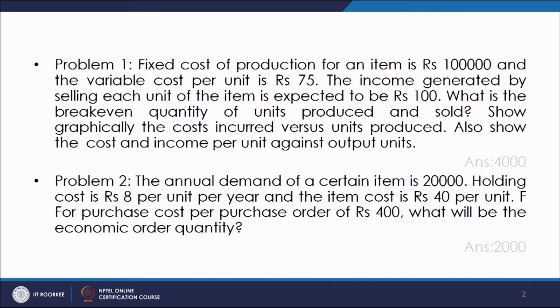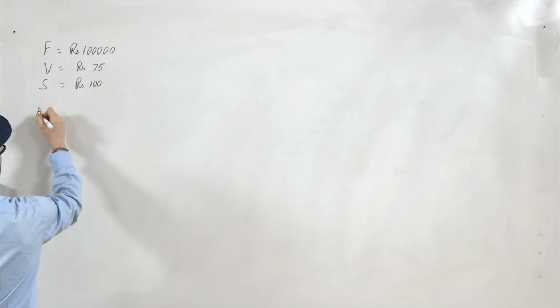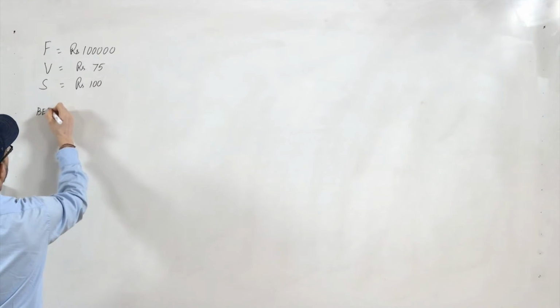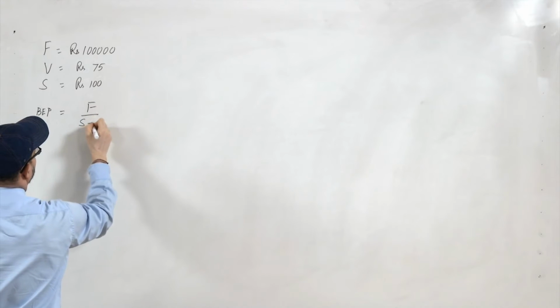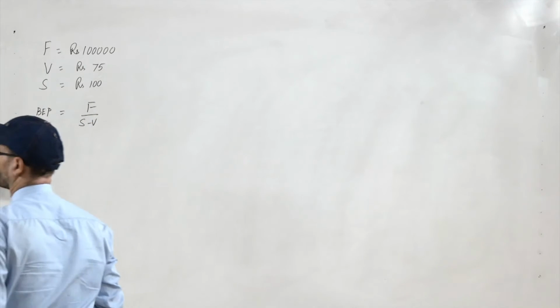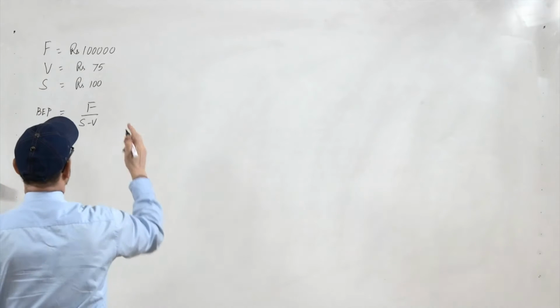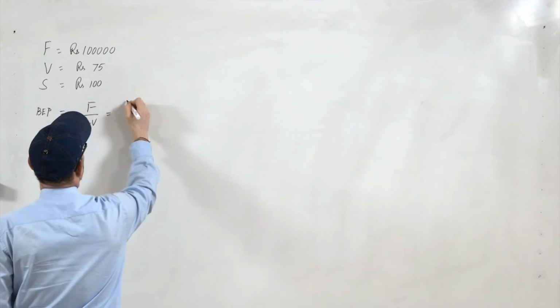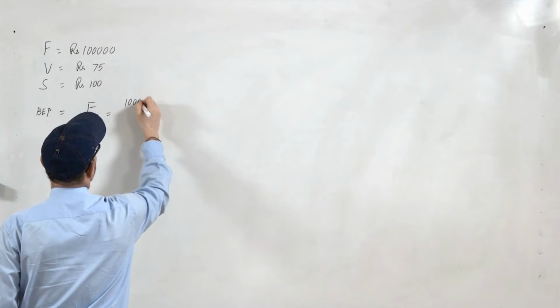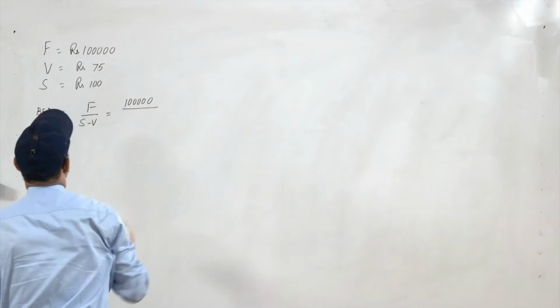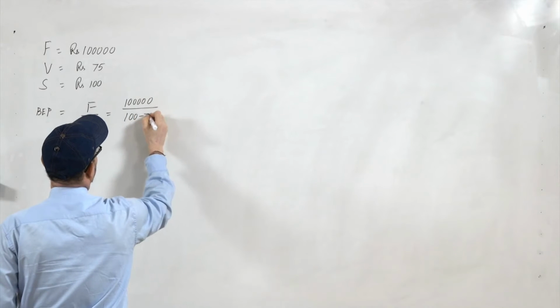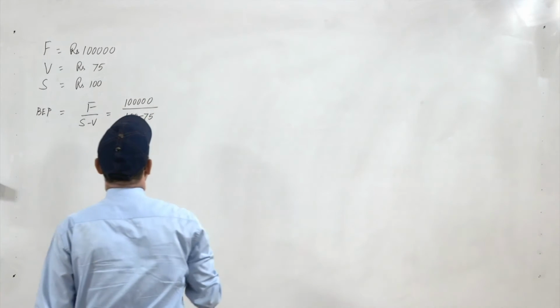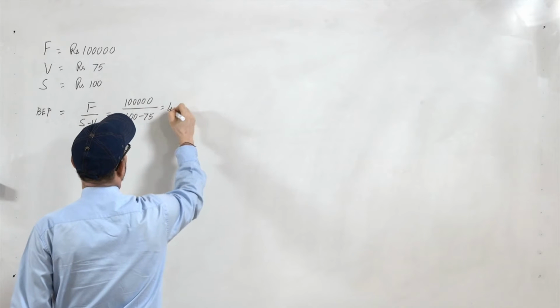Now, the break even point we find it by F upon S minus V. So, what we see is F is 1 lakh upon S minus V, that is 100 minus 75. So, it will be 4000 units.